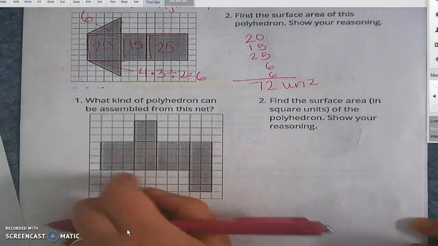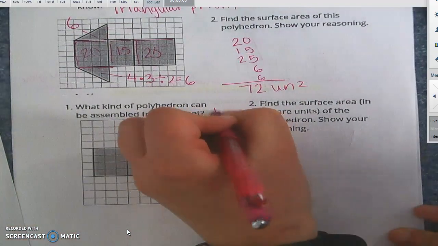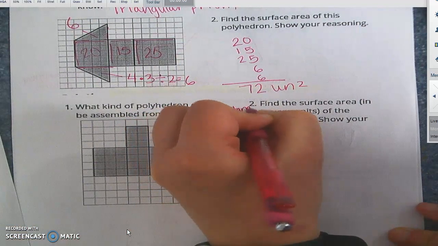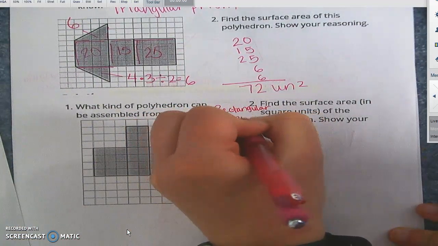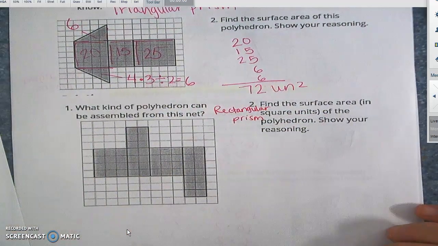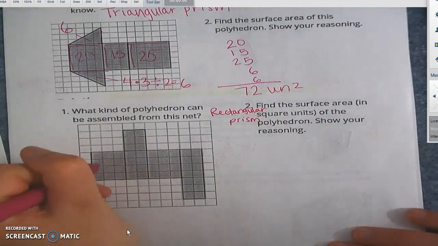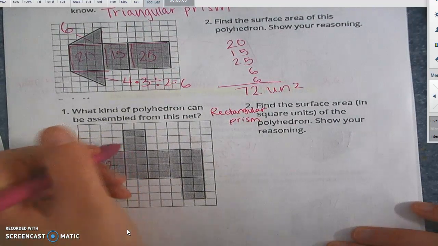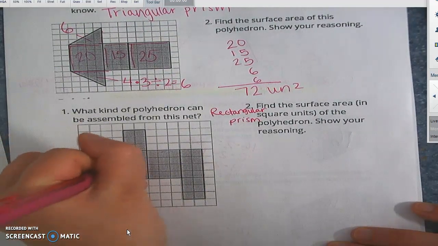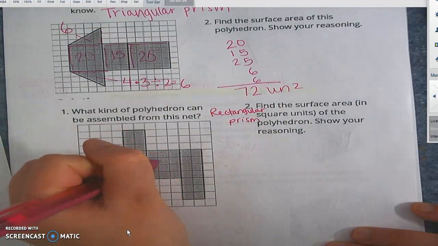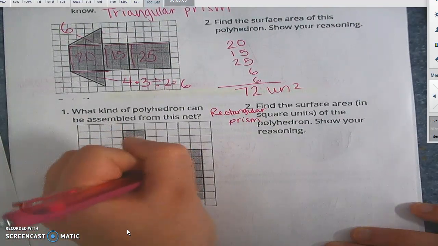This one is made completely of rectangles, so this is a rectangular prism. And my surface area, I'm just going to go through and label my rectangles. This is 3 by 4, so this is 12. This is 2 by 4, so this is 8. Here's another 3 by 4, this is 12. Another 2 by 4, which is 8.